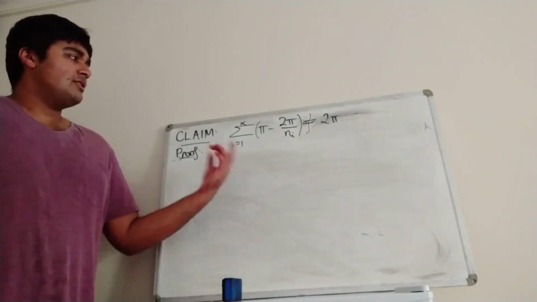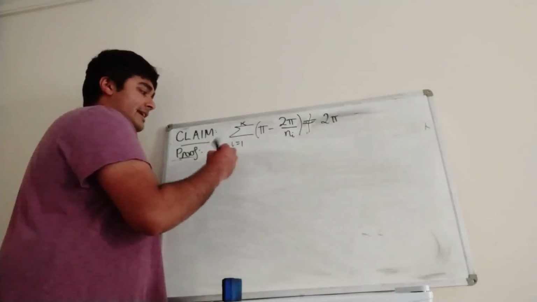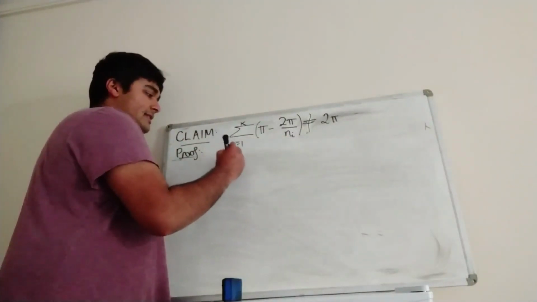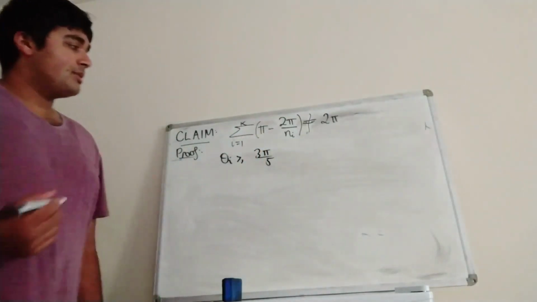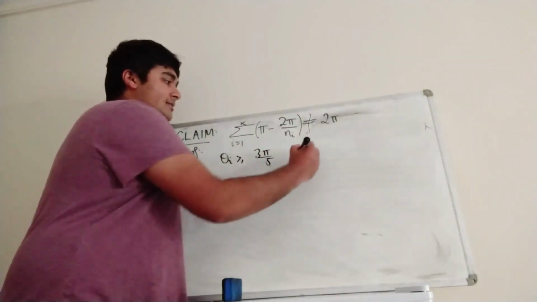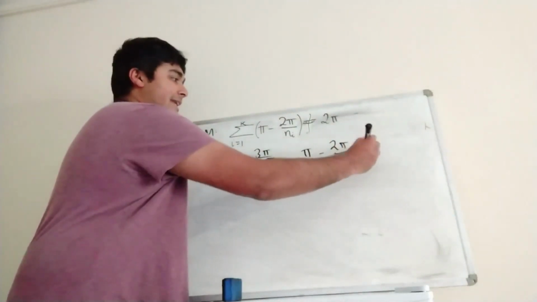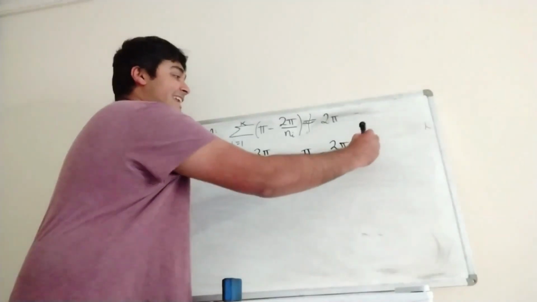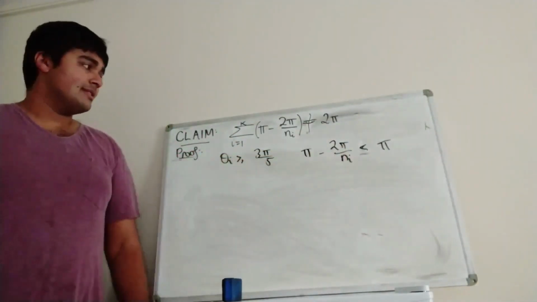Firstly, we use a similar technique to before. We showed that each of the theta_i's is bigger than or equal to 3 pi over 5. But also, each theta_i is clearly less than pi, because it's pi minus some positive quantity.